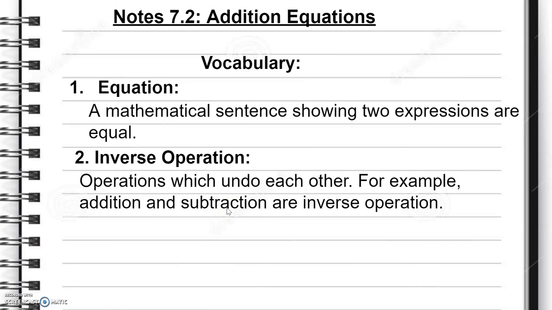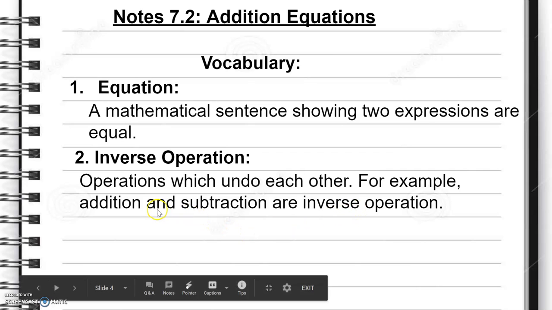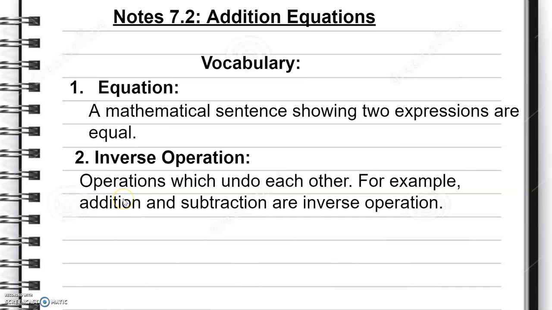The inverse operation of subtraction is addition. These are inverse operations. Now, if you have multiplication, the opposite or the inverse operation of multiplication is division, and division will be the inverse operation of multiplication.